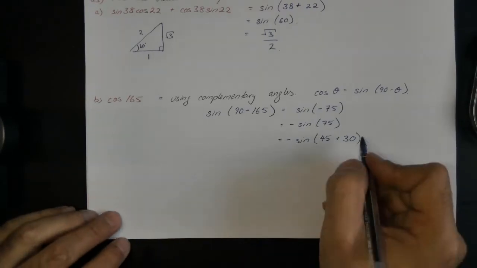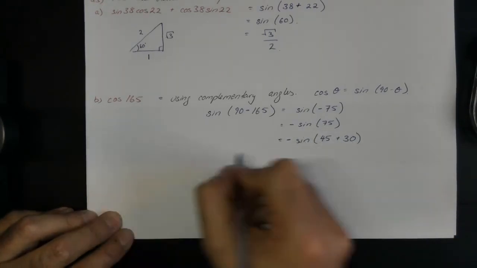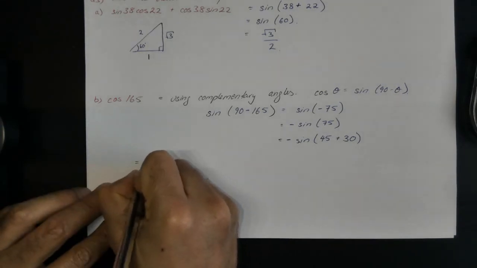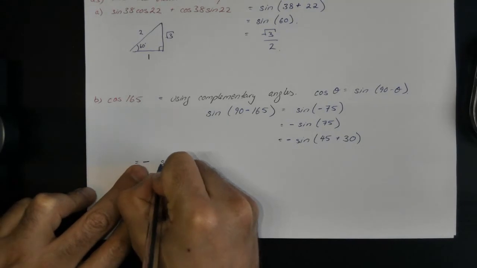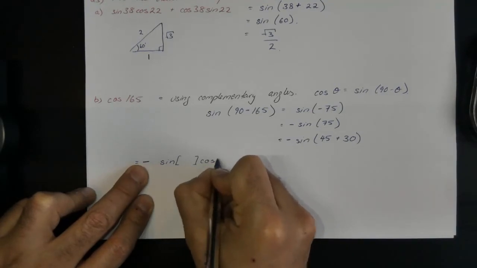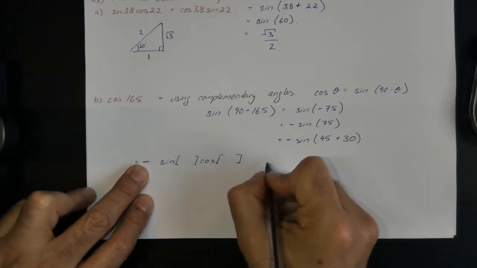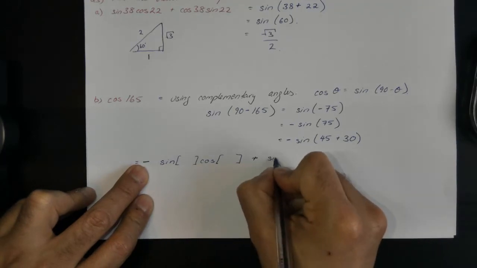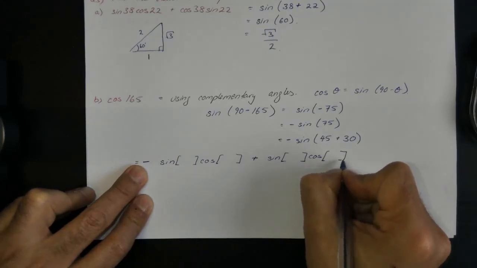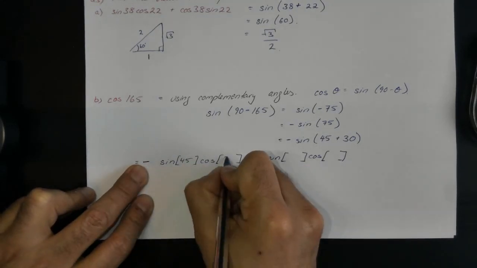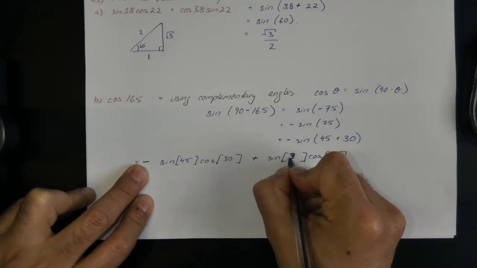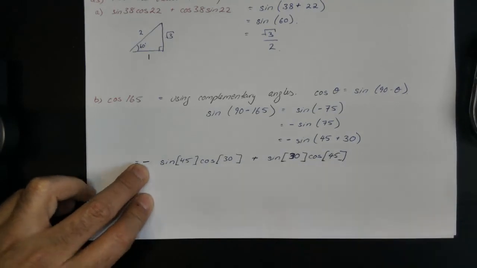Okay, and we know when we're adding two angles in sine, I'll just keep this negative out here, right? So this is going to be sine something cos something. We're adding, so it's going to be plus sine something cos something. That's going to be 45, 30, 30, and 45.